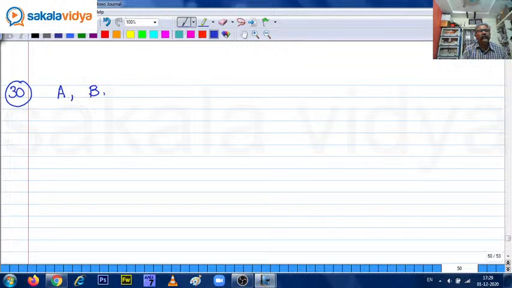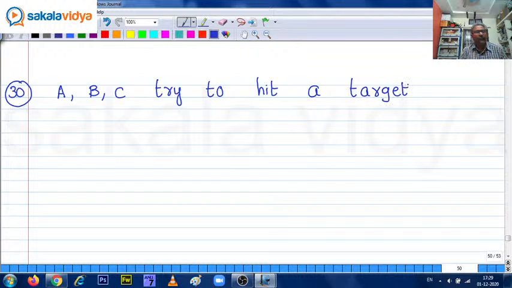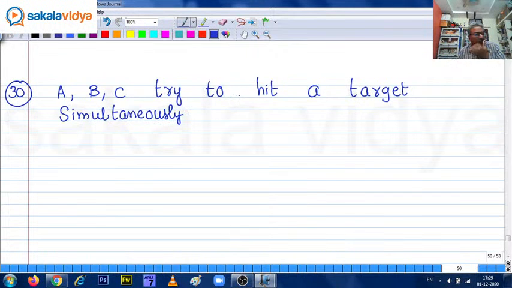A, B, C try to hit a target simultaneously but independently.